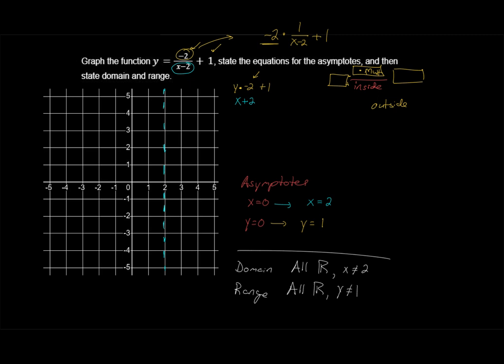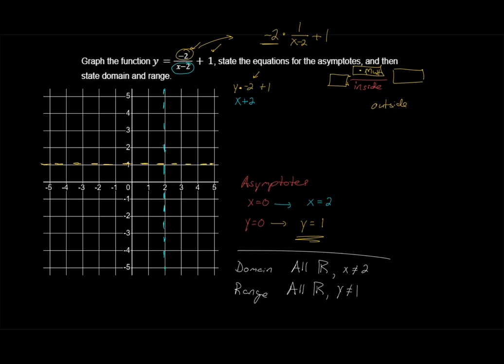Okay, and for our other asymptote, the y equal to asymptote, this will be a horizontal line where all the y values are 1. Here's where our y value is 1, and every spot on this horizontal line, this horizontal asymptote, would have a y value of 1.